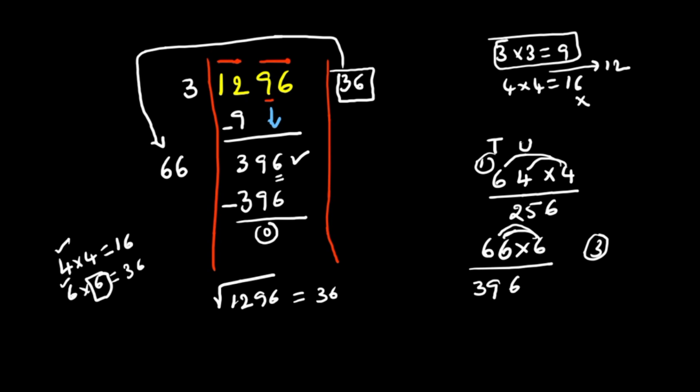Okay, so it's a really easy model. For your understanding, we'll discuss one more example. Now I'm going to take the example 8281. So how to solve this one? Right, take a dot here and leave the tens place.